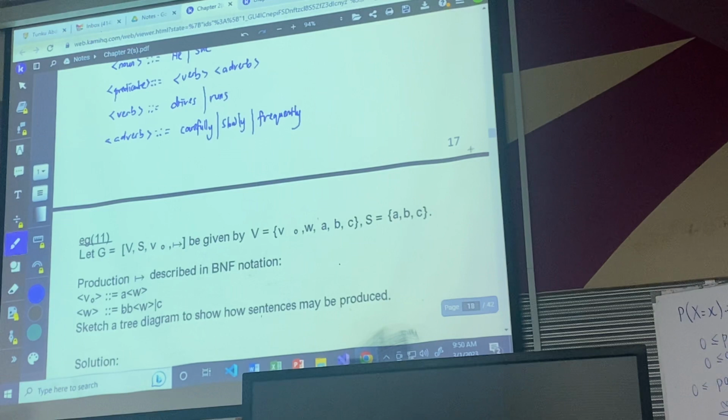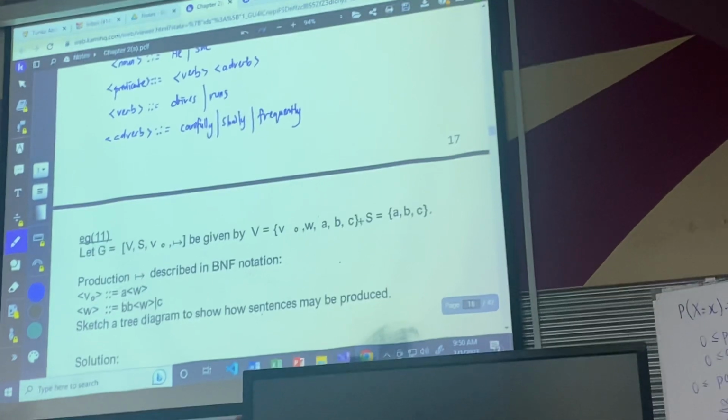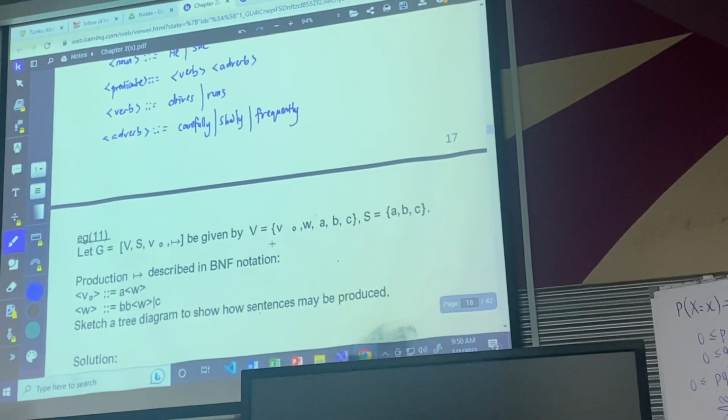Anyone still don't know? What is the difference between set B and set S? What are the elements inside the set B that the set S doesn't have? Class? The V0.